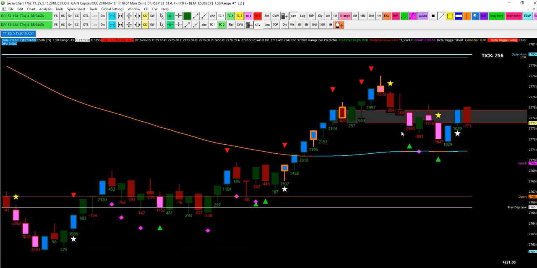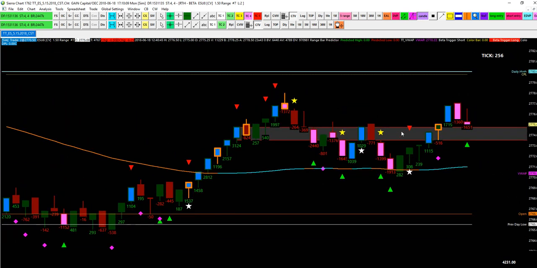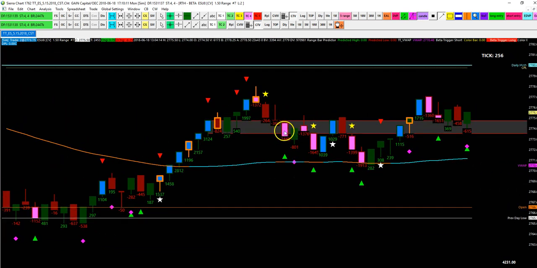I want to get underneath it, because if these were my only two shorts for the day right here, this short and this short, this provides me with 3 to 6 points in P&L. They pretty much were perfect short setups each time, and I could wait for the first negative bar so that I could control risk pretty tightly in terms of my entry, exit, stop. That's number one.